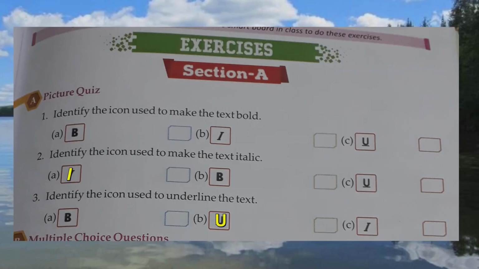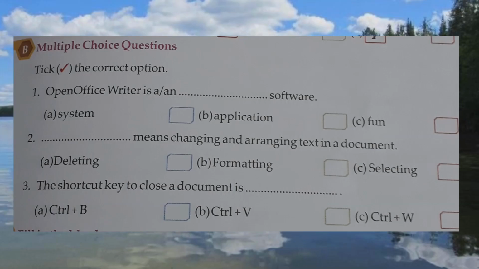Now multiple choice questions. Tick the correct option. OpenOffice Writer is an application software. B is the right answer. Question number 2.